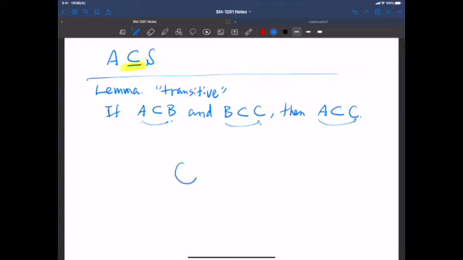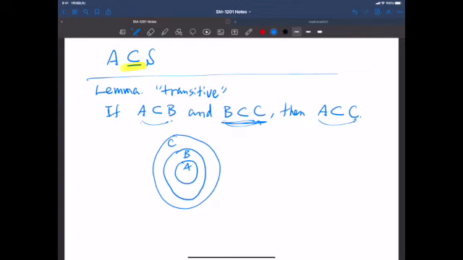A is a subset of B means A is completely contained within B. But we also have this condition: B is a subset of C. So B is completely contained within C. So if this is the case, then A is completely contained within C. So this holds, right? So this is the intuitive proof of this lemma.